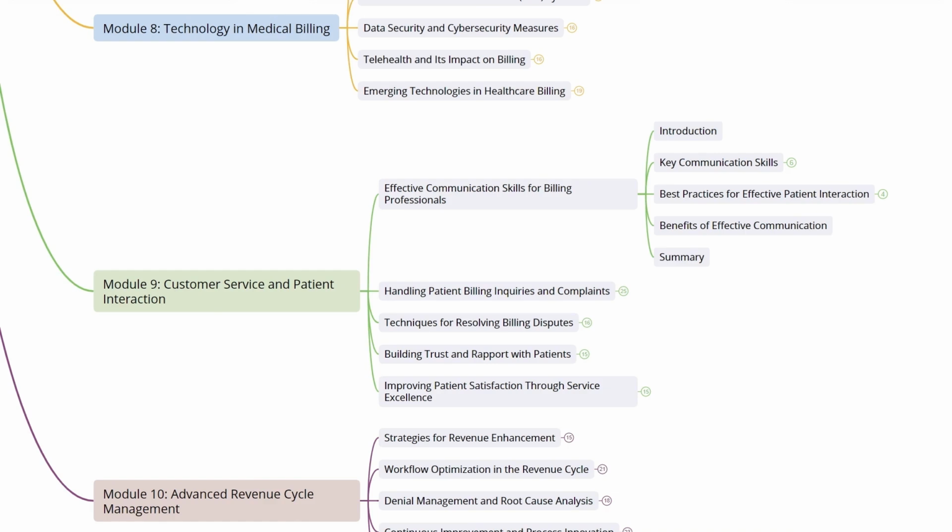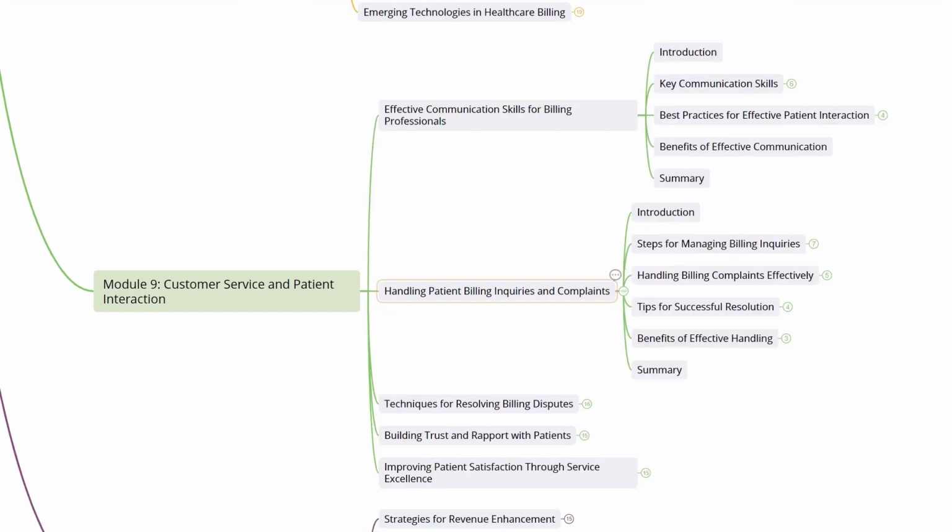Clear, compassionate, and professional communication reassures patients, clarifies billing details, and helps prevent misunderstandings. This section emphasizes active listening, empathy, and clarity in explaining charges, insurance coverage, and payment options.